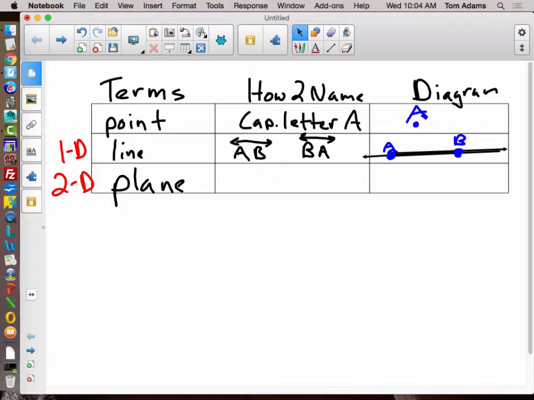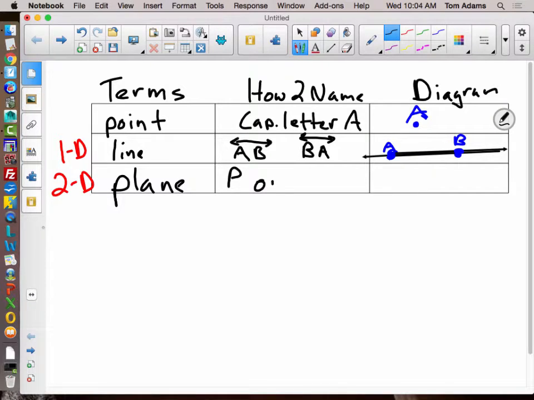When it comes to the plane, the way that I would write a plane is I could do capital letter P, or I would need at least 3 points in the plane, so I could say just the points in the plane A, B, C. And so what that would look like if I were to draw a diagram of that, I would have a plane that looks like this.